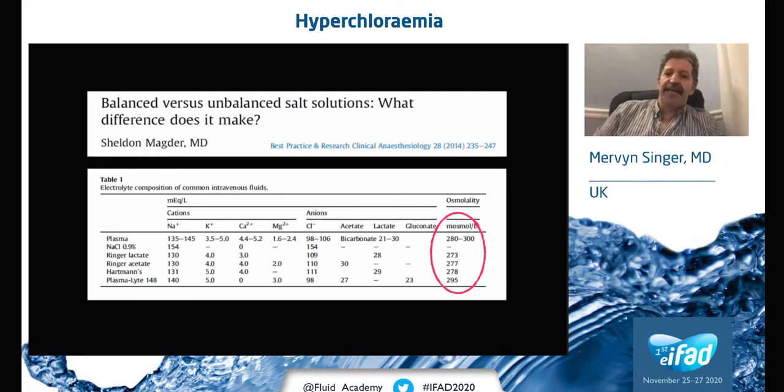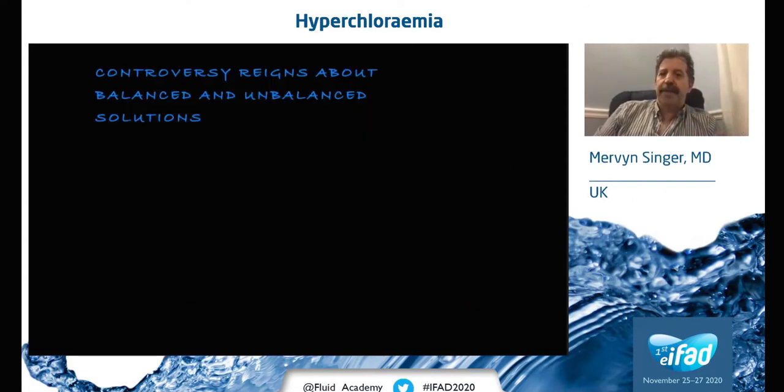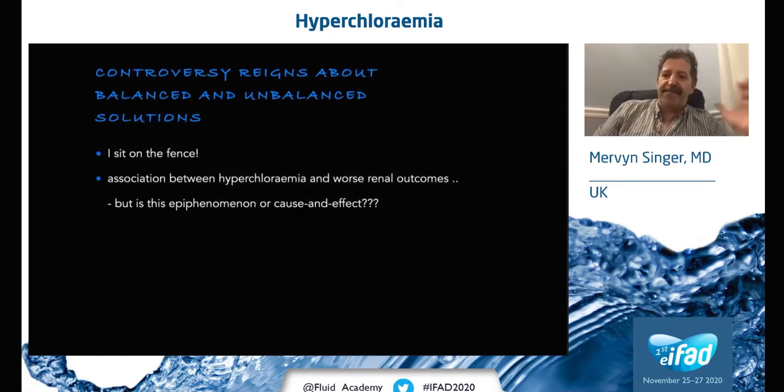However, balanced solutions still have a high degree of chloride apart from Plasma-Lyte, but they actually have a low osmolality. And there's a lot of controversy about balanced and unbalanced solutions. I sit on the fence.